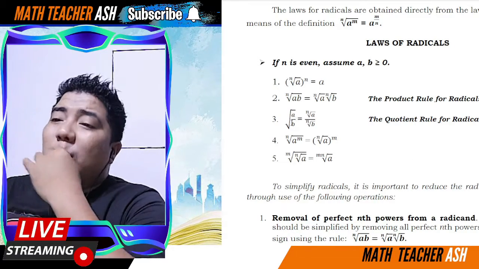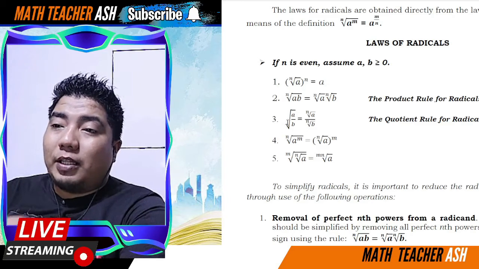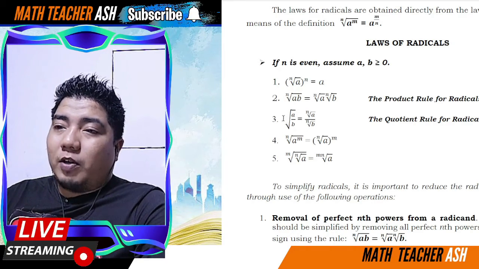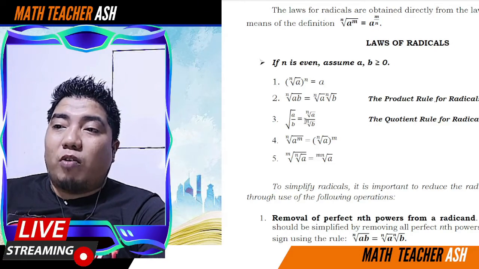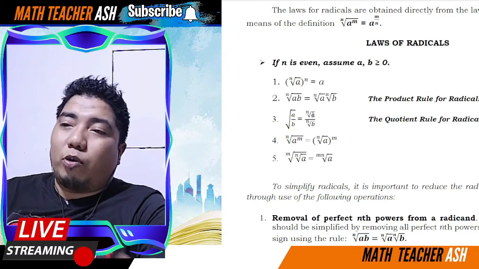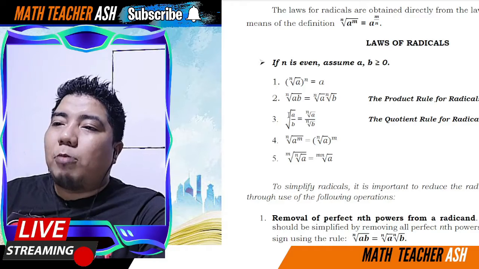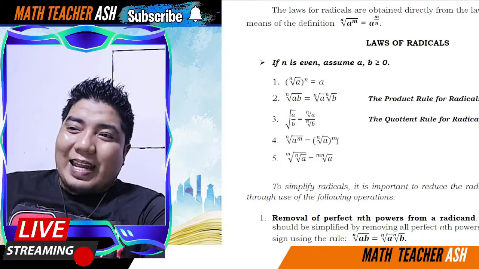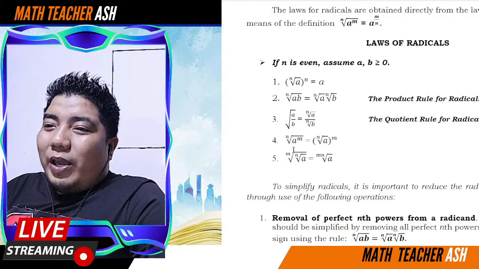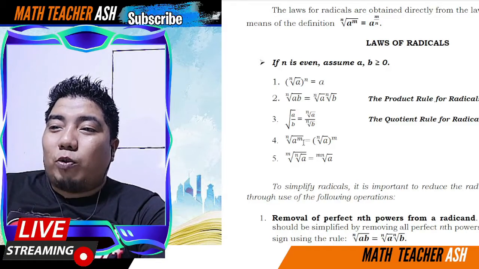Okay? So far, my dear math learners, ito sa number 3, dapat meron pa itong n dito. Okay? May n pa yan dito kasi if we could read this is square root of A over B. Pagdating dito, naging nth root of A na. So, may n pa yan dito, my dear math learners. Nakalimutan lang.